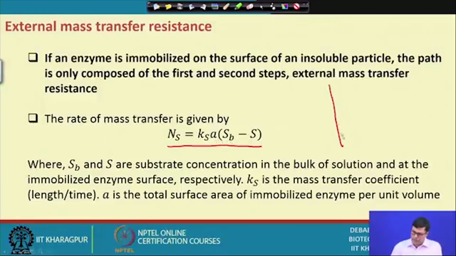I told you that this is the enzyme and S is the substrate concentration. In the bulk we have substrate concentration Sb. So, what is the driving force we have?